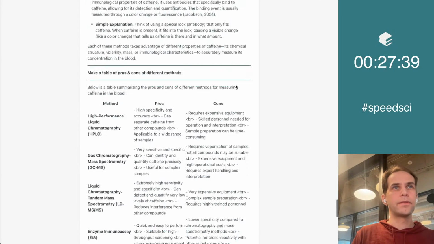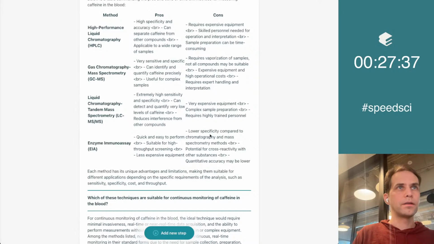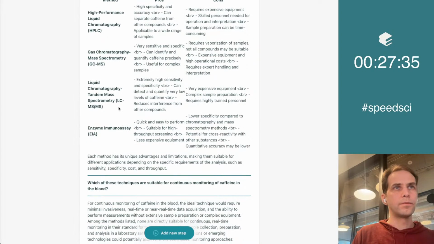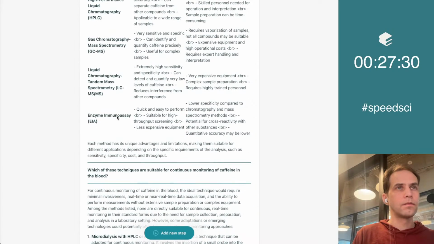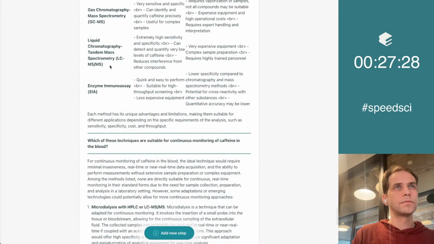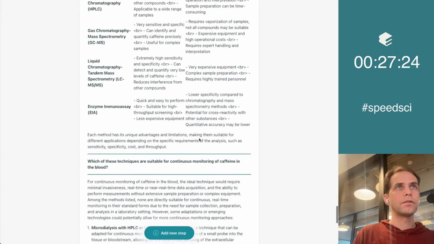What was LCMS? MS? Let's go back. That was the liquid chromatography. It's kind of unlikely that this can be made very small.